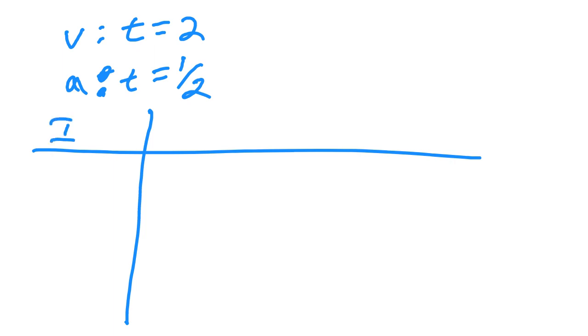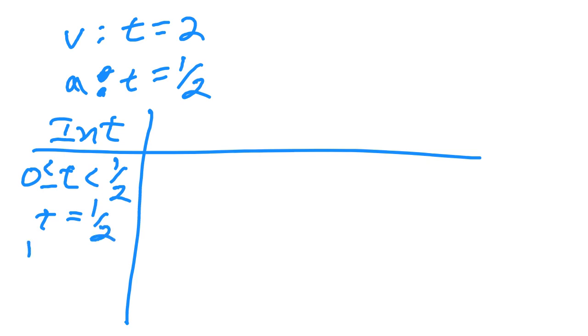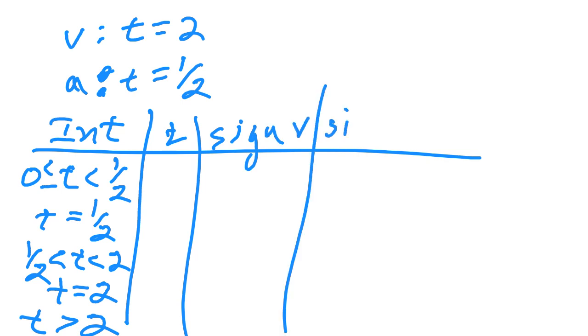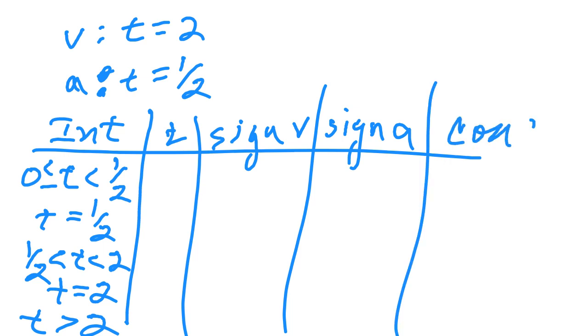So I've got my interval, and I'll go from 0 to t equals 1/2, then 1/2 is less than t is less than 2, t equals 2, and then t is bigger than 2. And then I can have the t that I'm checking, the sign of my velocity, the sign of my acceleration, and my conclusion for the particle.